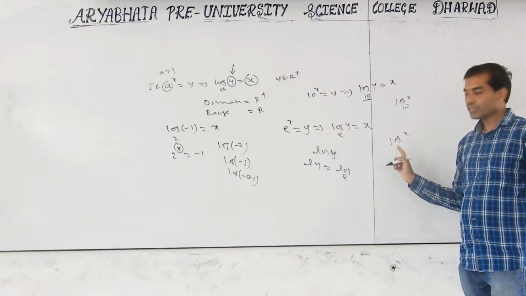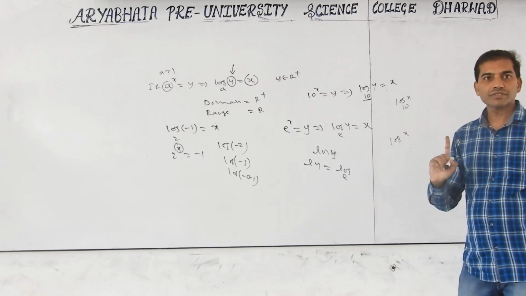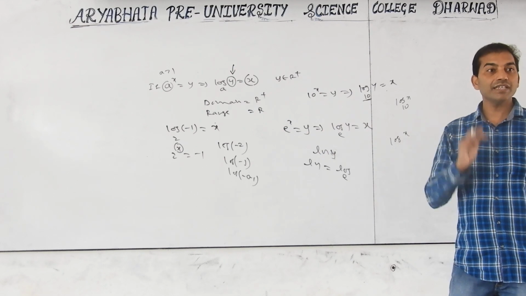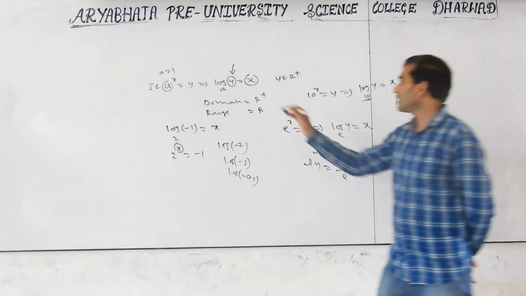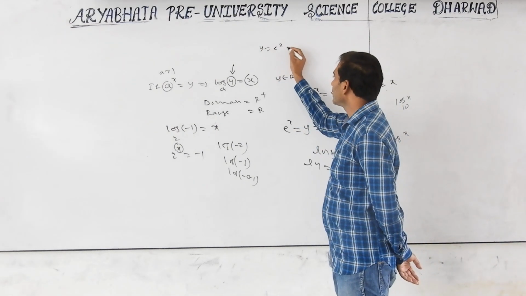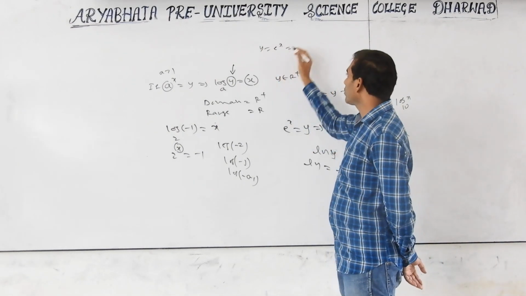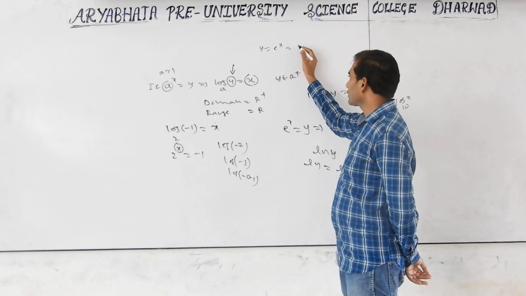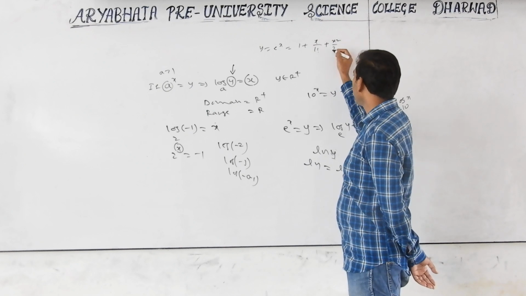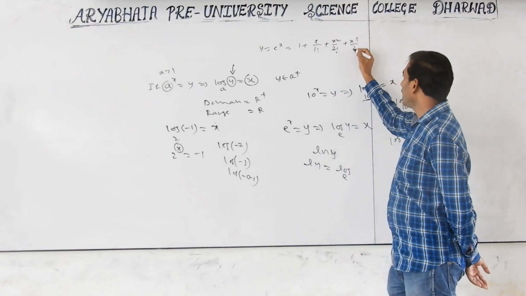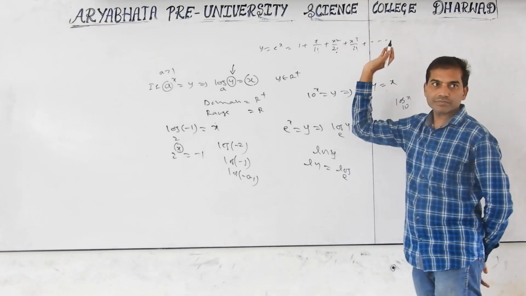Are you following? So e value how much? 2.7 something. e is also an exponential form. In first year you will learn y is equal to e power x. e power x exponential form is 1 plus x by 1 factorial, plus x squared by 2 factorial, plus x cubed by 3 factorial, and so on.